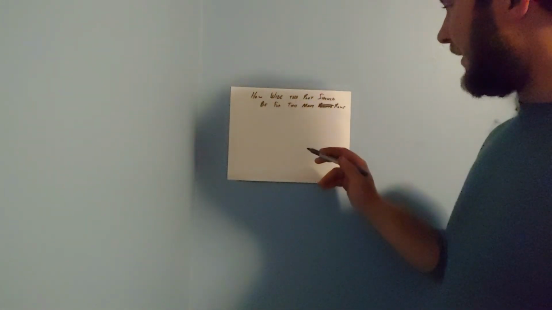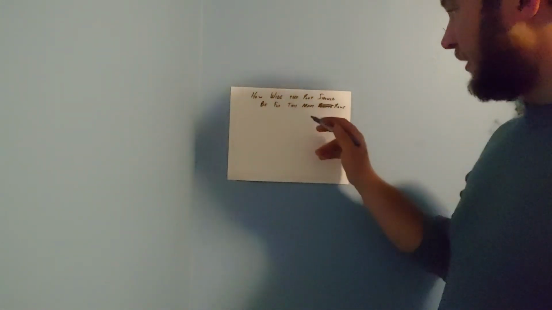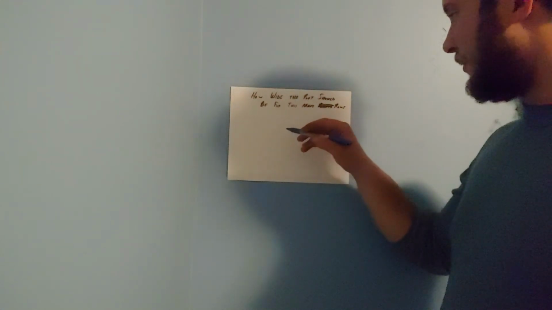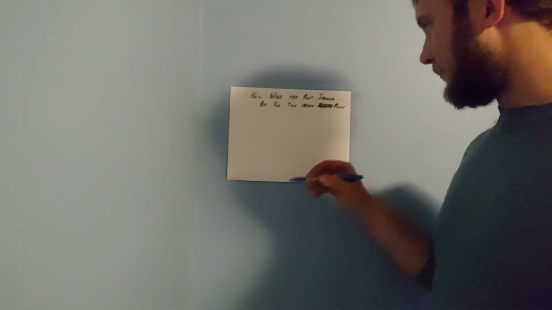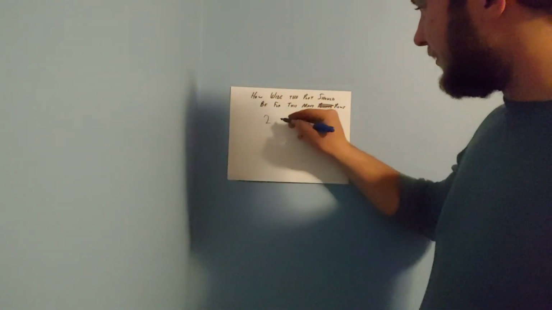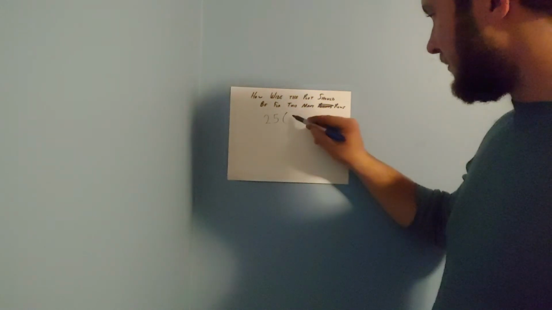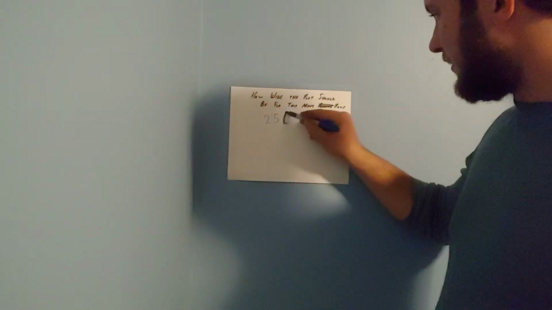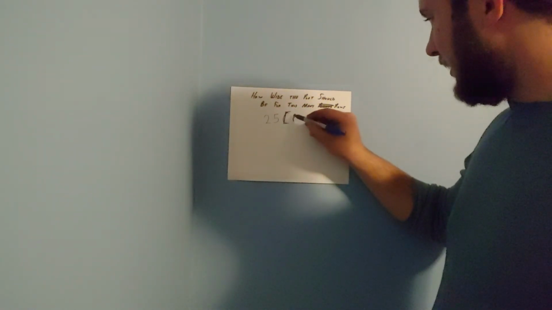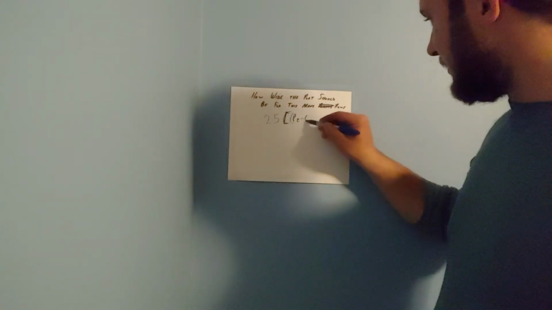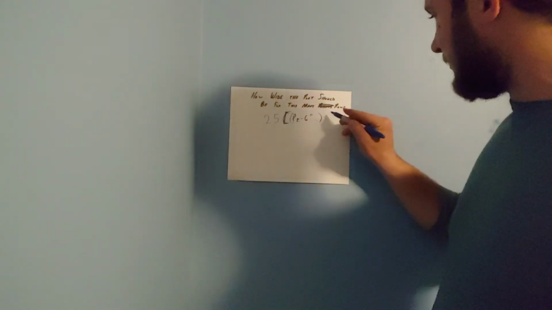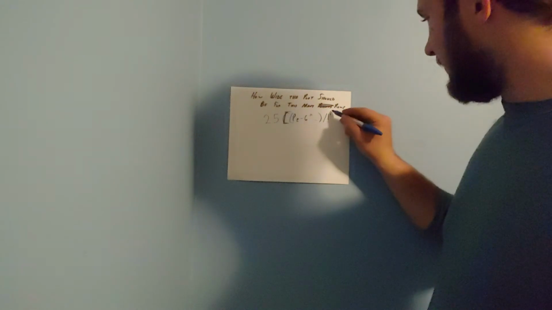So how wide should the plot be for this many rows? Okay, so let's say we have 25 rows of peas spaced at 6 inches, 1 foot apart.